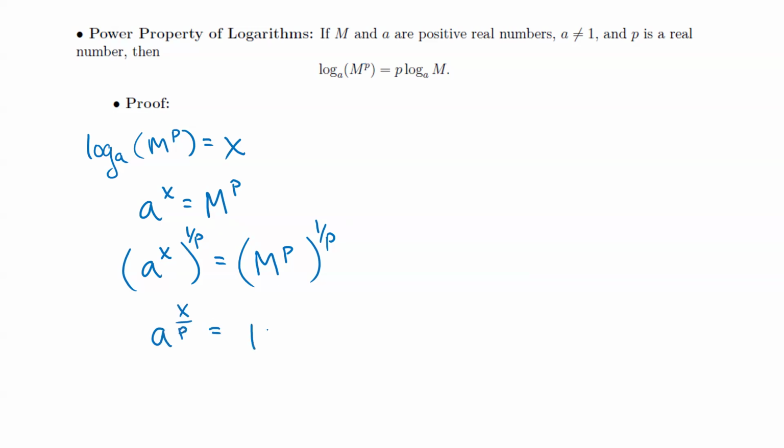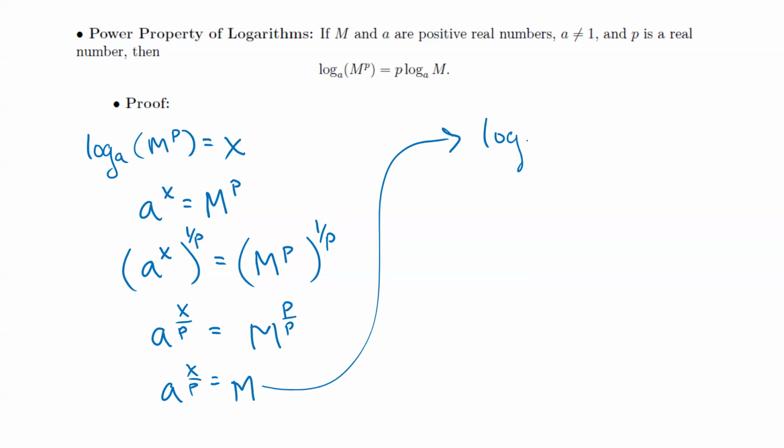And this over here becomes m to the p over p. And of course, p over p is just 1. So you have that. Now, if I put it back into logarithmic form, I end up with log base a of m is equal to x over p.